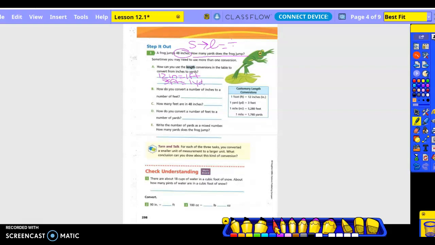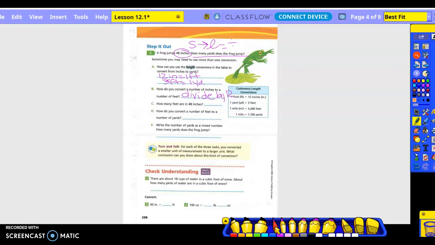So how do you convert a number of inches to number of feet? We just said we were going to do what? We are going to divide by what? Divide by 12.